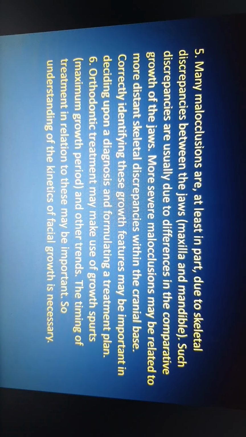Sixth, orthodontic treatment may make use of growth spurts, maximum growth spurts, and other trends. The timing of the treatment in relation to these may be important. So an understanding of the kinetics of facial growth is necessary.